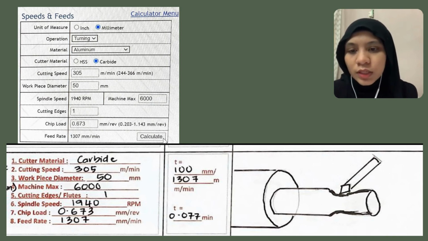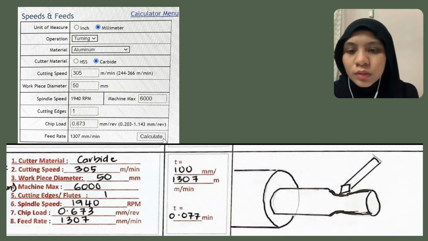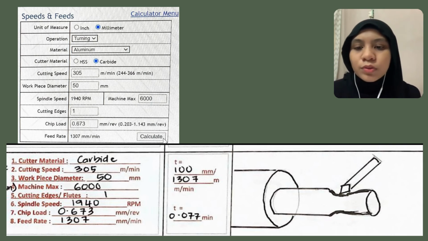The cutting edges and fluids for this process is going to be 1, because in turning operations, they only use a single point for cutting edges. After I put all of this information in the website and calculate it, it immediately shows the answers for spindle speed, chip load, and feed rate.